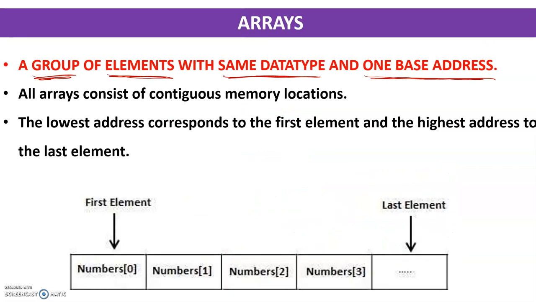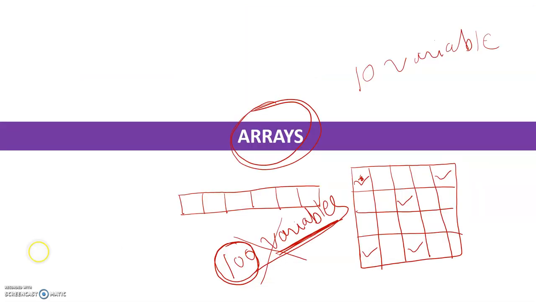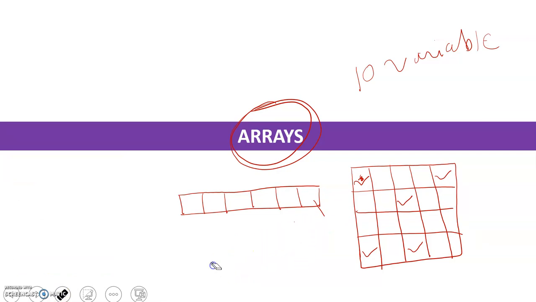So when I say that it's a group of elements with the same data type and one base address, it means this. See, this location is my array, and I'm giving it the name, let's say A, and here we have the index. This is called the index or the location, and I'm storing data like 10, 20, 30, 40.